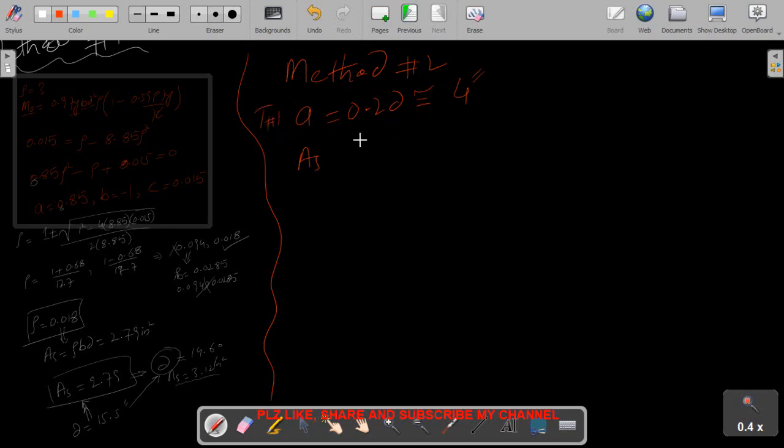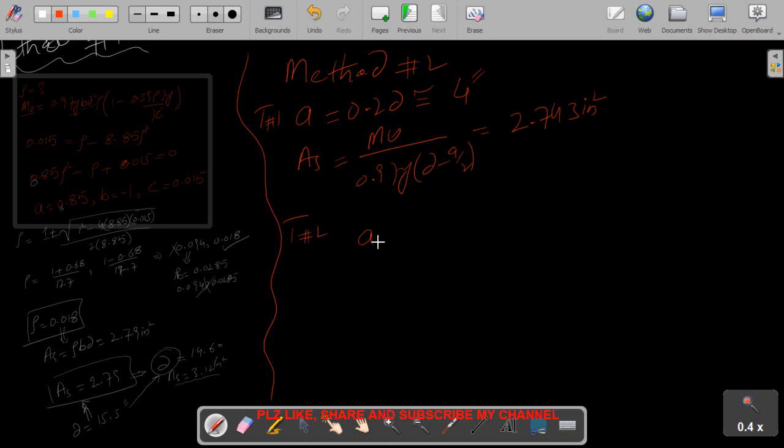My area of steel is Mu divided by 0.9 Fy into d minus a over 2. I got the value 2.743 square inches. Now if I use further trials, let me use trial number 2.